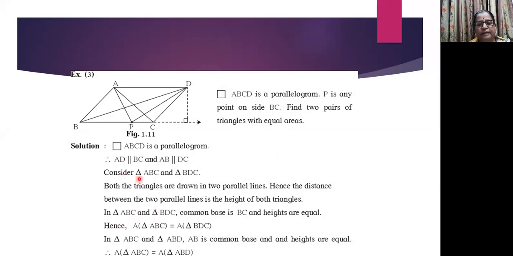Here you see that AD is parallel to BC and AB is parallel to DC. In this, the base is the same for both triangles and the height is the same for both triangles. Therefore, the area of triangle ABC is equal to the area of triangle ABD.